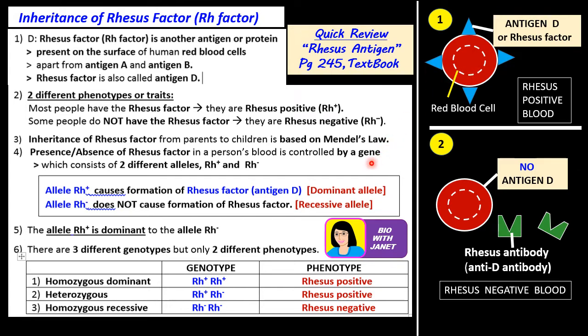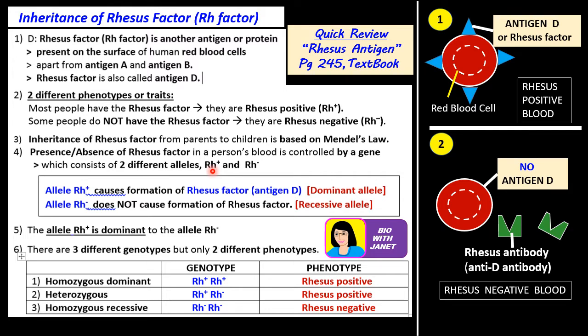But anyway, apart from that, let's look at the inheritance. Inheritance of rhesus factor from parents to children is based on Mendel's law, on monohybrid inheritance. It's similar to monohybrid inheritance, which we are going to discuss afterwards. The absence or presence of rhesus factor in a person's blood is controlled by a gene for rhesus factor, and there are two different alleles, two different forms of the gene.